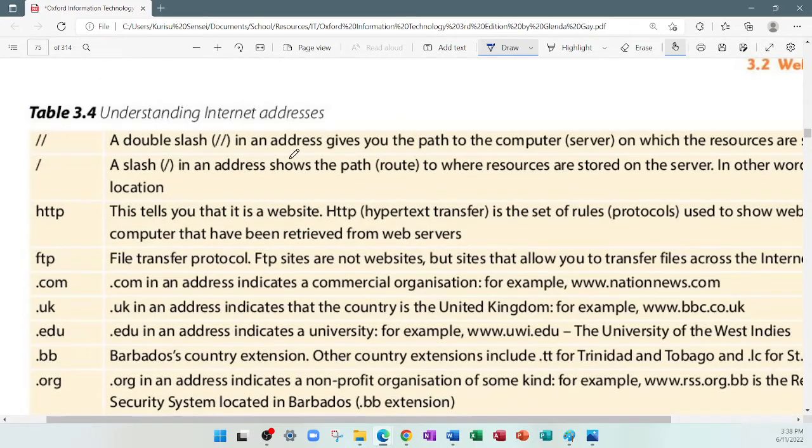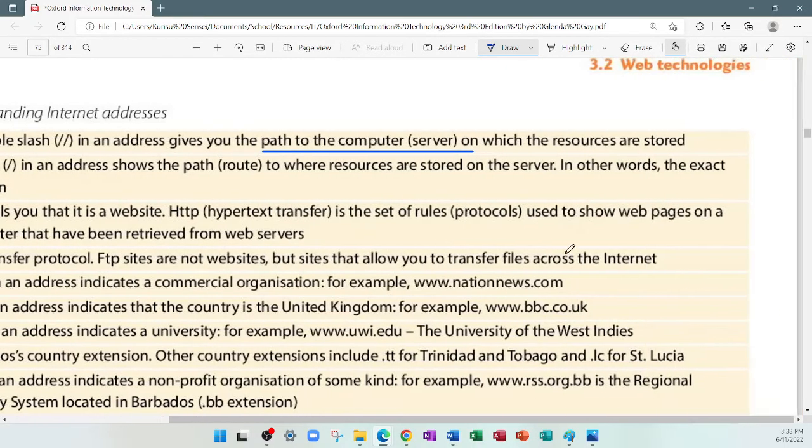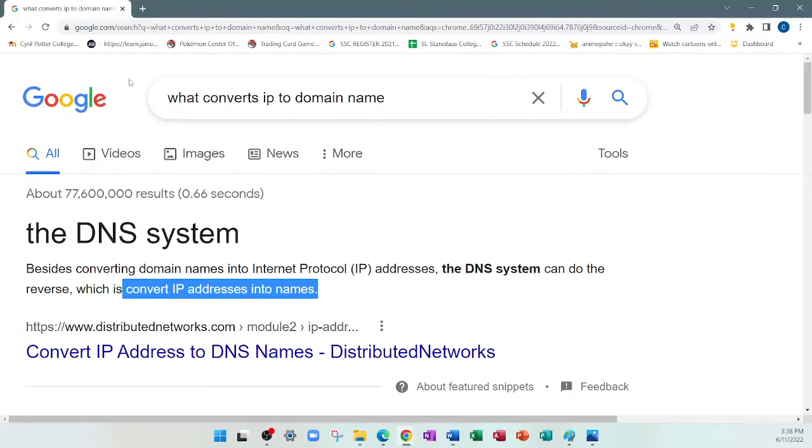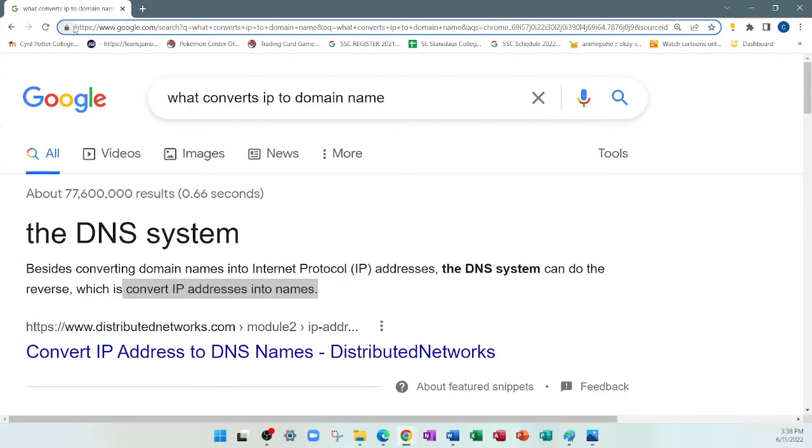What is the slash used for? The double slash in an address gives you the path to the computer or the server. So if we look at the top here, if you guys can see at the top here, we have HTTPS://, we have 2 slashes here.